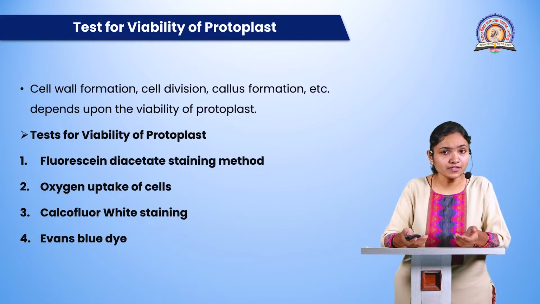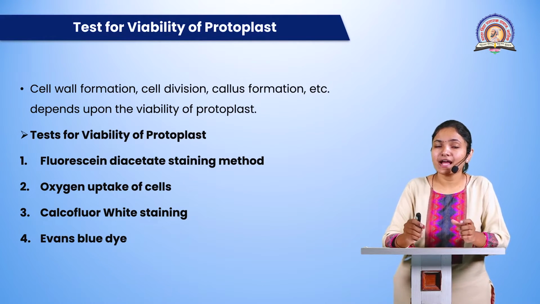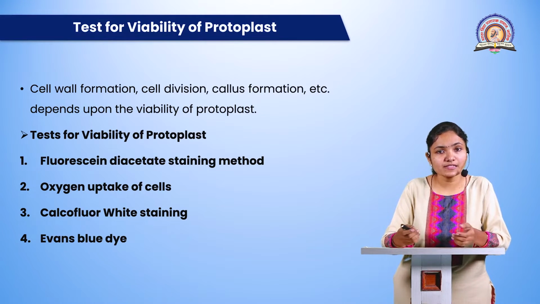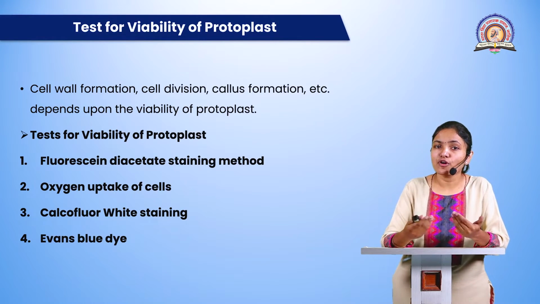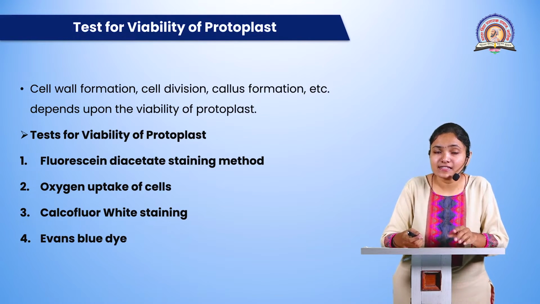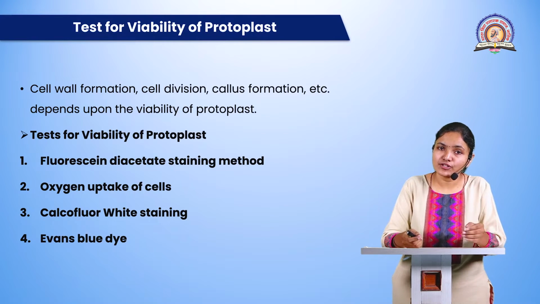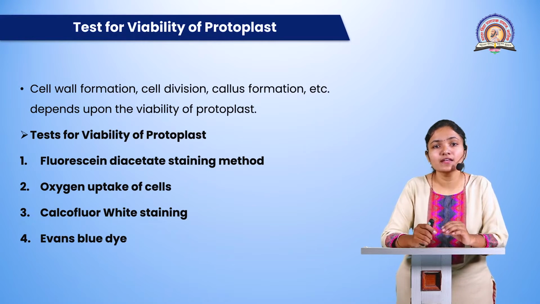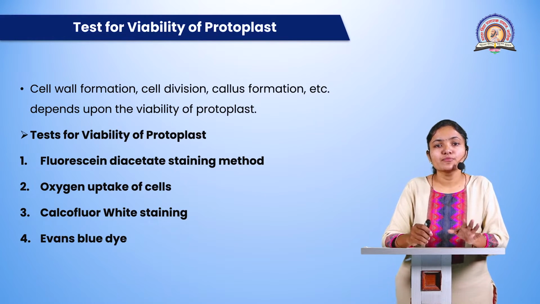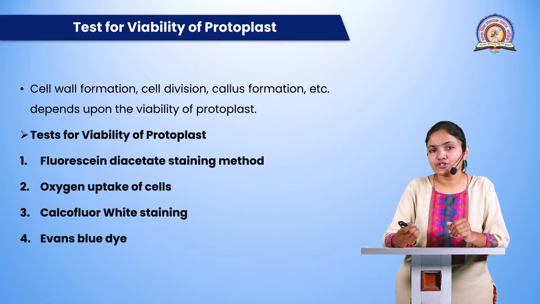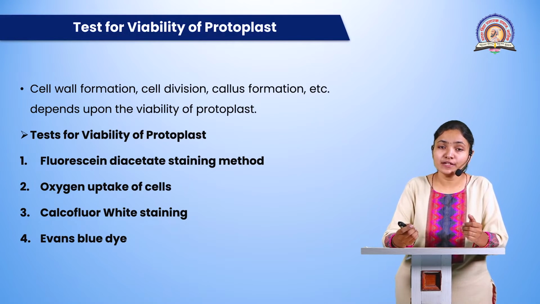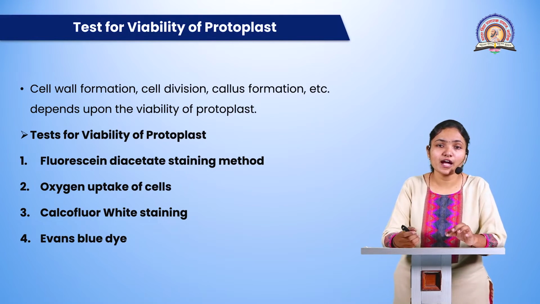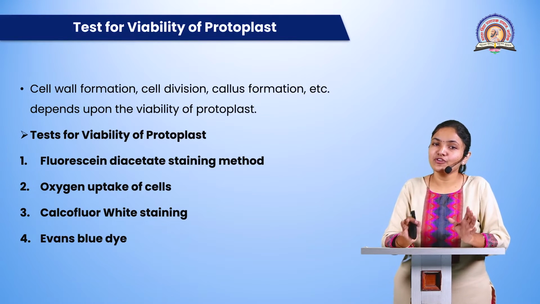If a plant cell or plant protoplast is alive, it will perform respiration. During respiration, it will take oxygen in, and hence a lower level of oxygen indicates that there is something going on, that is called respiration. If the protoplast is doing respiration, that means it is alive. This is how you can monitor the viability of protoplast.